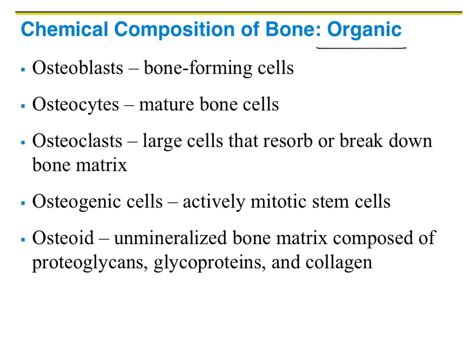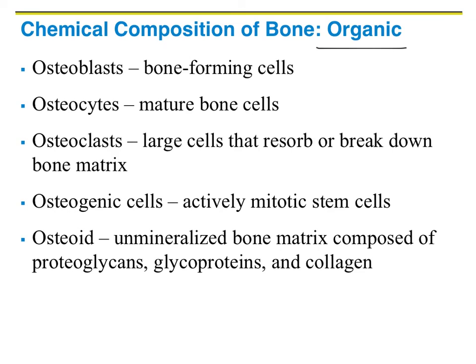Osteoclasts resorb bone or break down bone matrix. Osteogenic cells are actively mitotic stem cells found in bone. And the osteoid is unmineralized bone matrix.